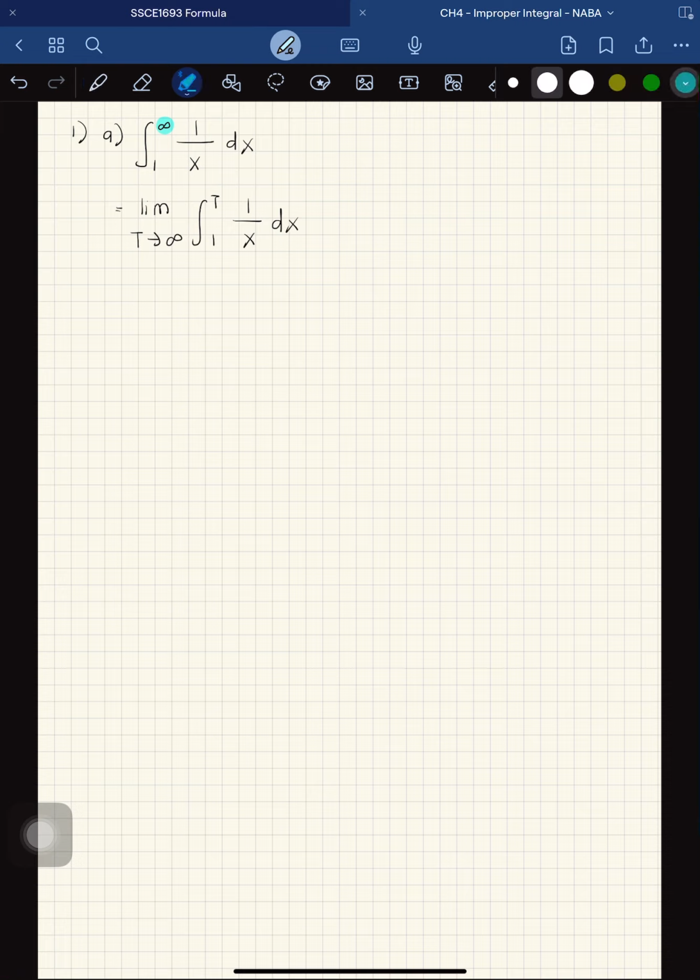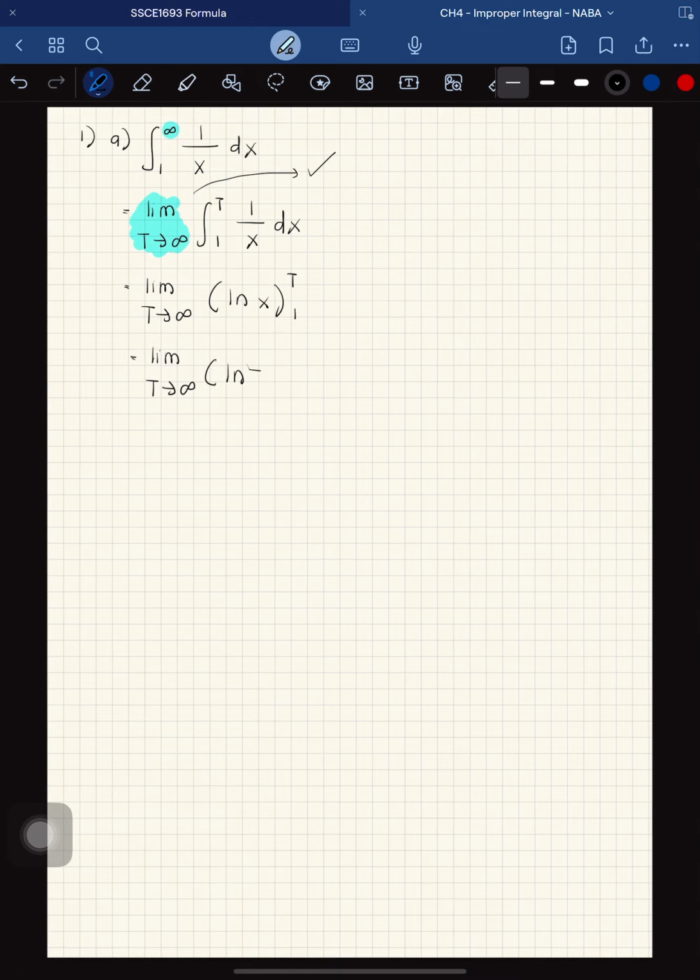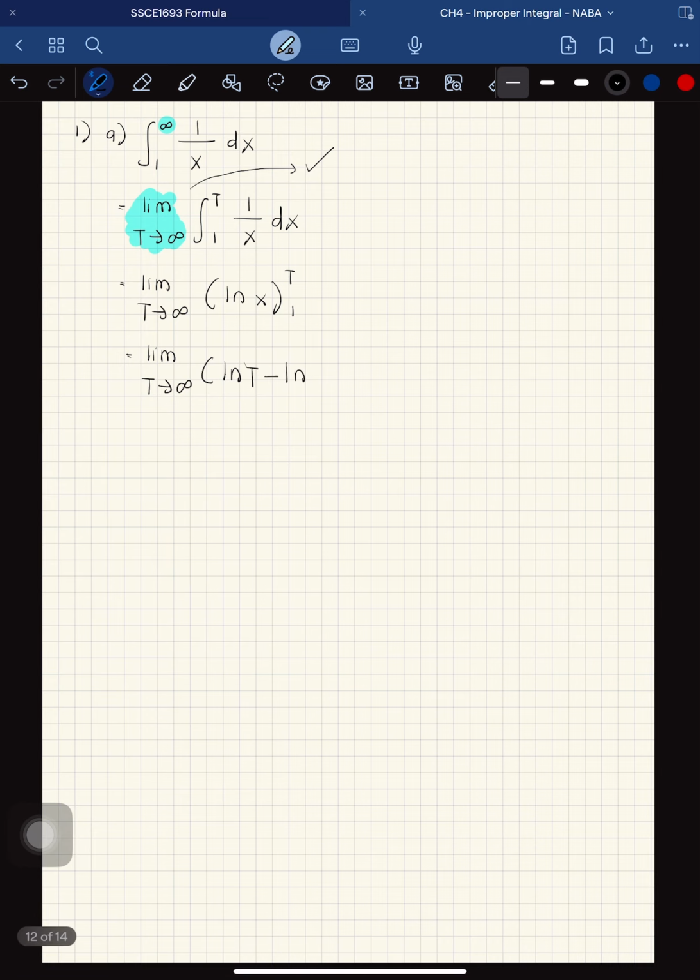Please remember you have to put the limit. Marks will be deducted if you do not apply the limit. So, limit when t approaches infinity: integrating 1 over x, we get ln x from 1 to t, equal to the limit when t approaches infinity of ln t minus ln 1.